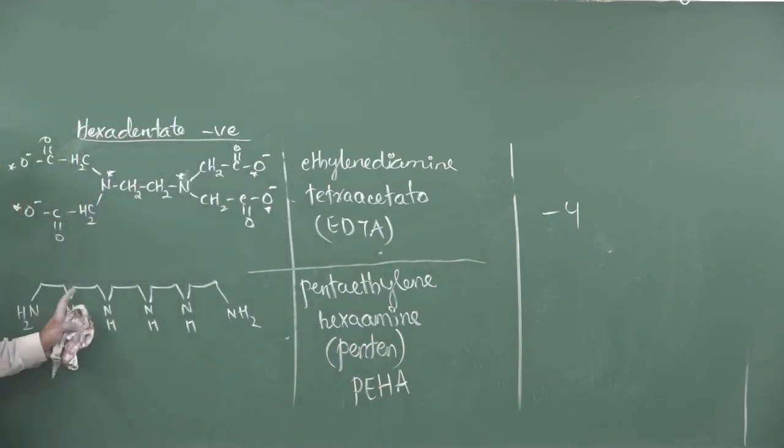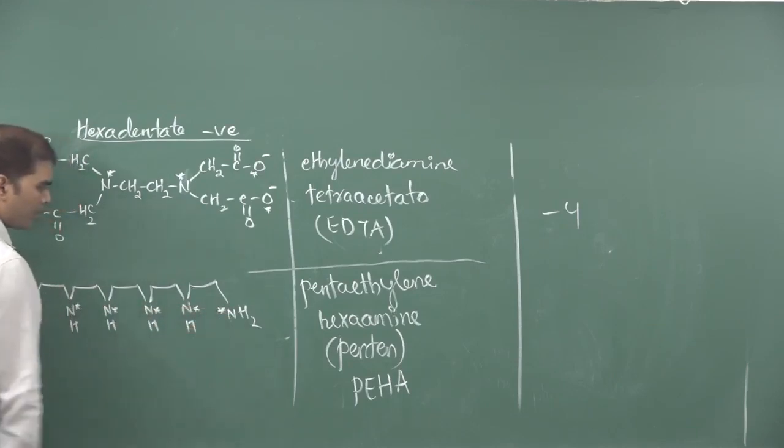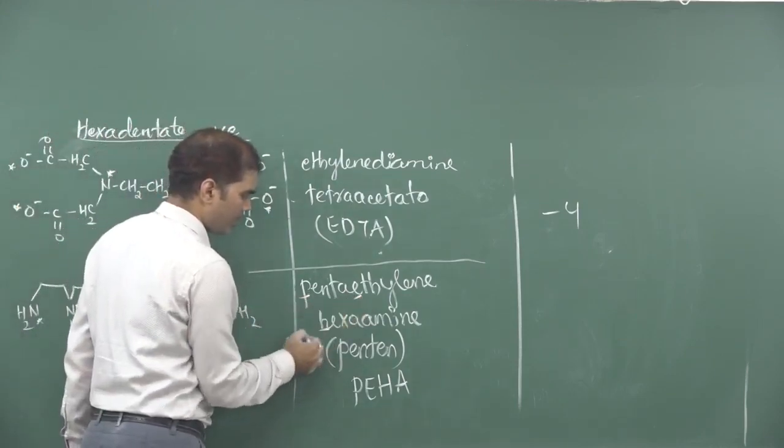This is pentaethylene hexamine, with 6 amines. It is simply abbreviated as penten or PEHA, pentaethylene hexamine.